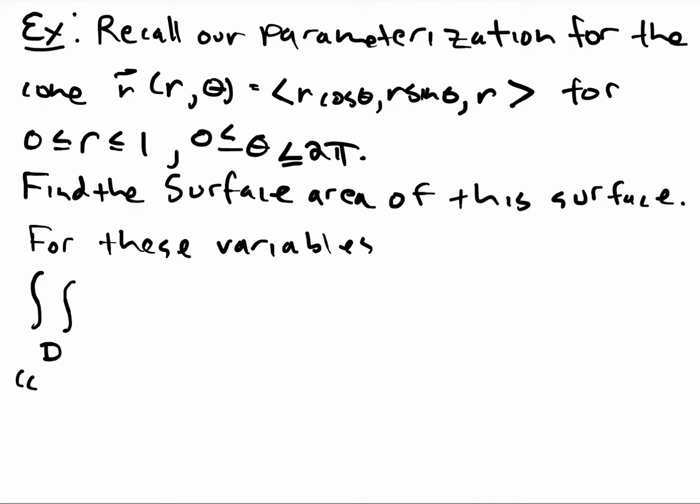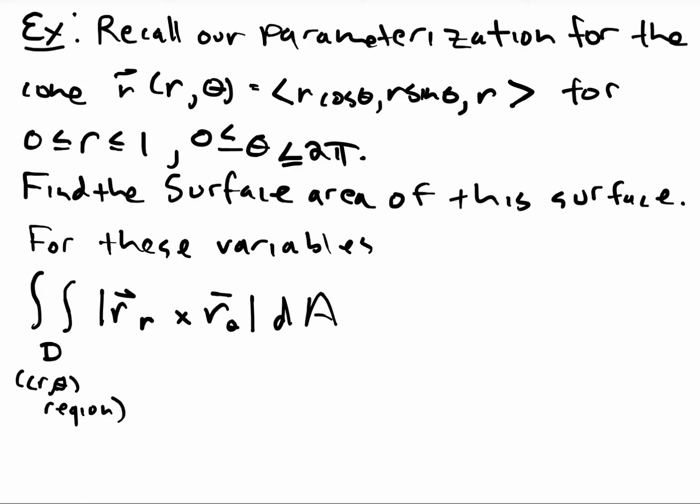Okay, so this is my r theta region. I'll go back and fix that later. But basically I wanted the magnitude of r sub r crossed with r sub theta dA. And again, this is for an r theta region here.